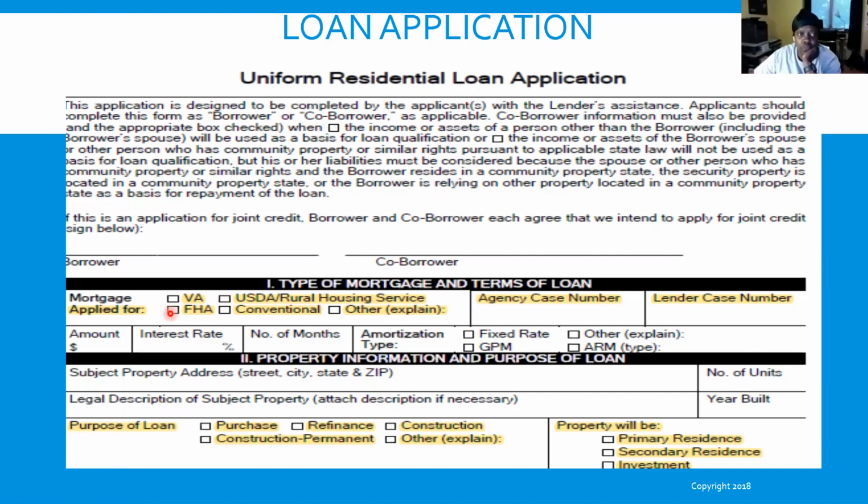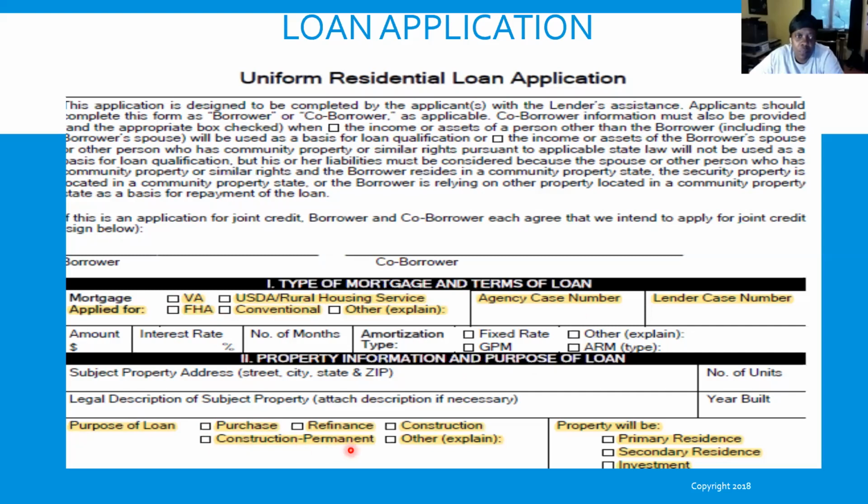Right here, it tells you type of mortgage in terms of the loan. I've highlighted, like it's a VA, FHA, USDA, conventional. And then of course, this shows your purpose of the loan. So the purpose of the loan is the purchase or refi. Those are basically the ones you're going to be concerned with.